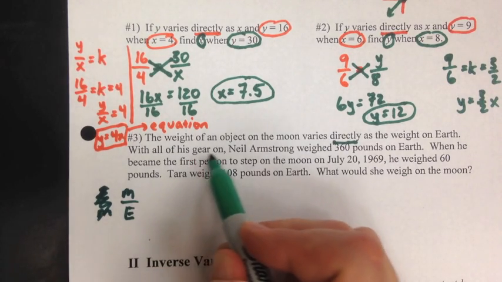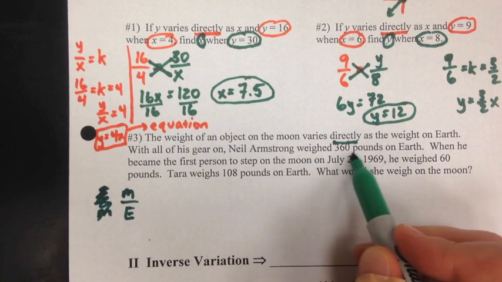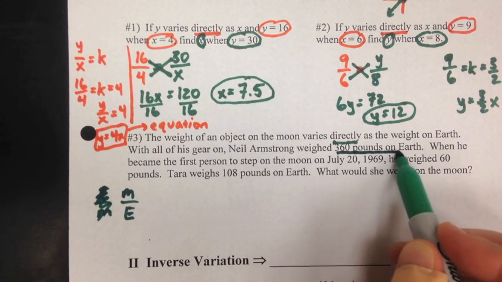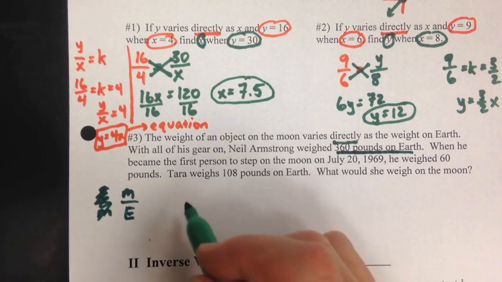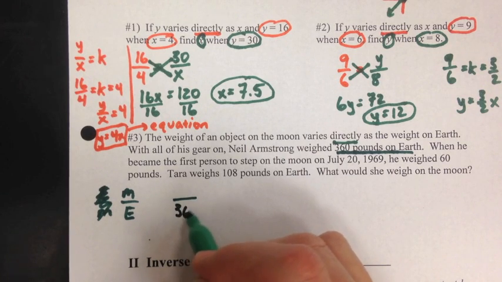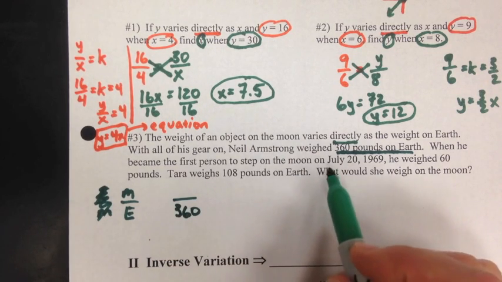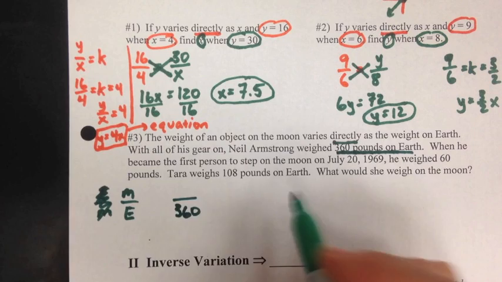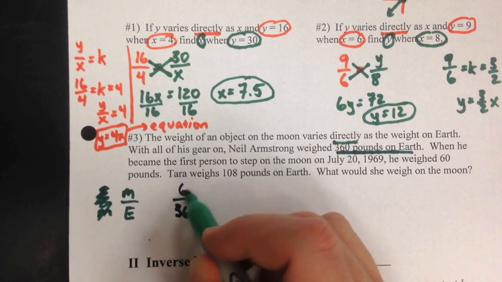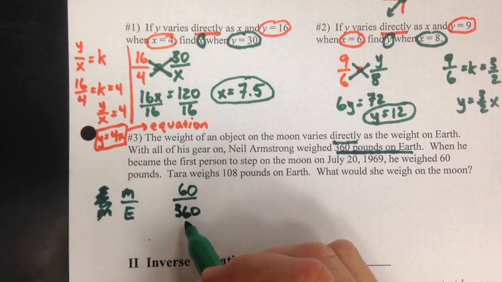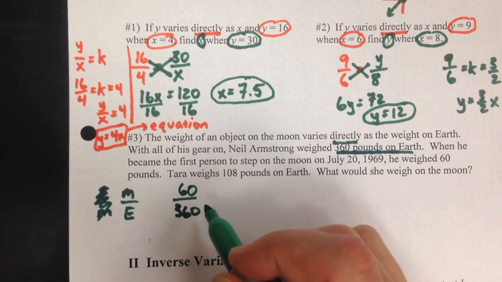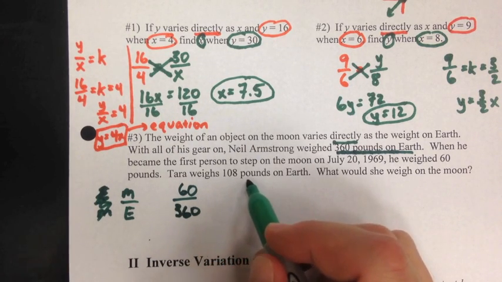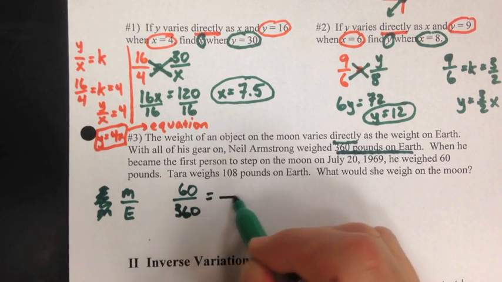So, with all of his gear on, Neil Armstrong weighed 360 pounds on Earth. When he became the first person to step on the moon, he weighed 60 pounds. So his moon weight is 60, his Earth weight is 360. Now Tara weighs 108 pounds on Earth.